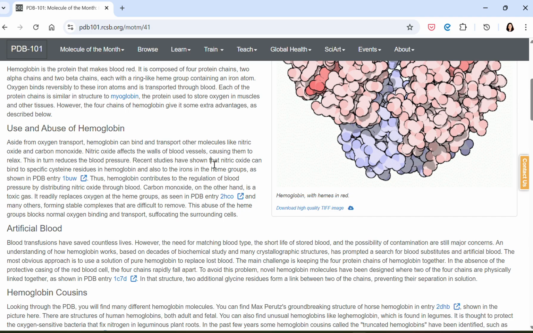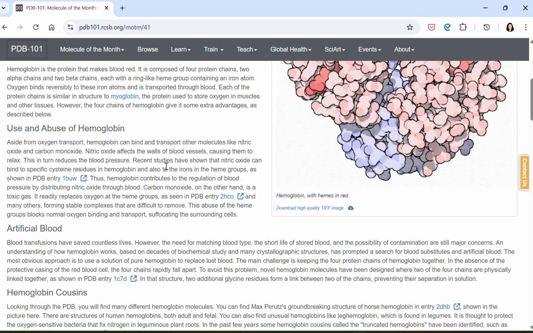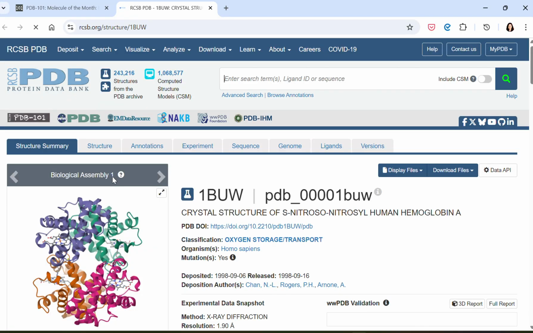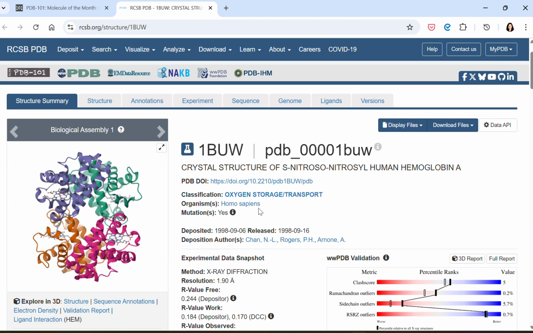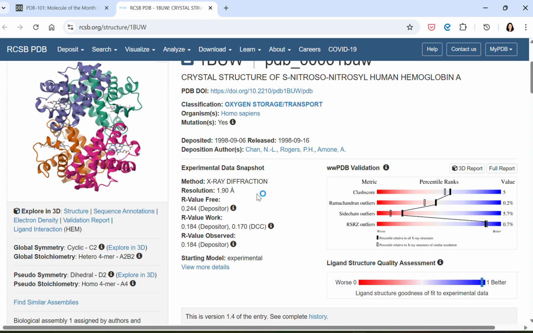Now here it says nitric oxide can bind to specific cysteine residues in hemoglobin and also to the irons in heme groups as shown in this entry. So we open that one. Here it opens the Protein Data Bank, and here it says crystal structure of S-nitrosyl human hemoglobin A. So hemoglobin A, which is bound by the nitric oxide in this situation.